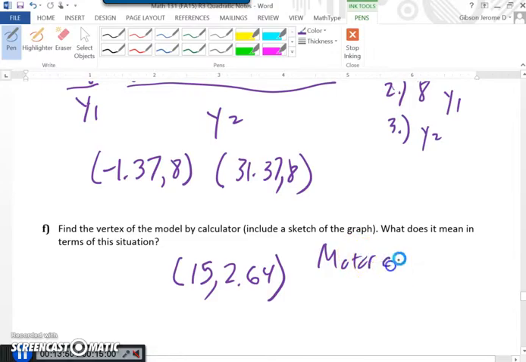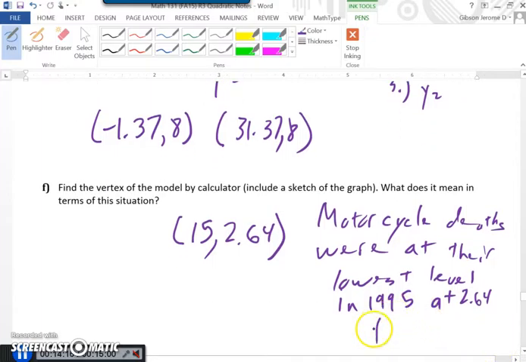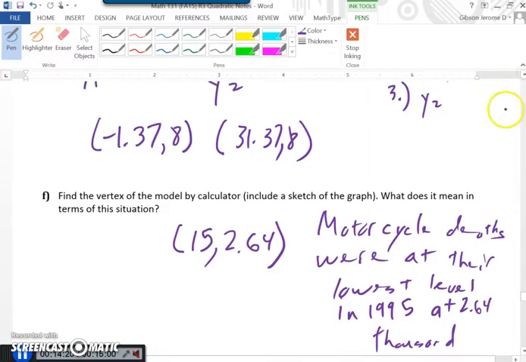Motorcycle deaths were at their lowest level in 1995 at 2.64 thousand. Okay, so that is the final answer for F.